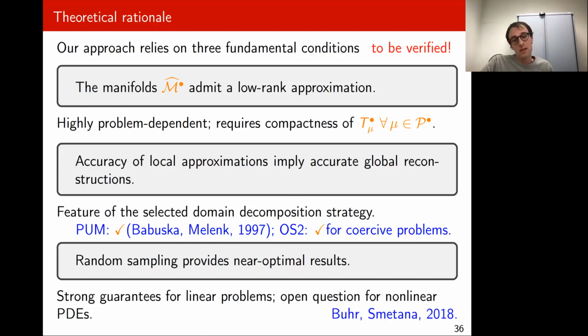Okay. The third condition is that random sampling should provide near optimal results. Again, there's a lot of theory on that for linear problems, and those are essentially techniques related to randomized linear algebra. For nonlinear problems, this is, to my knowledge, still an open question. Okay, it's really a different problem, a much tougher problem to guarantee.